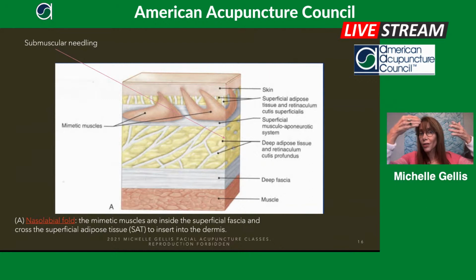You can work underneath the frontalis muscle. Pretty much any muscle on the face where you have access to the margins of the muscle, you can get underneath there. And this can really effectively break up some of those fascial adhesions, which is really quite wonderful.